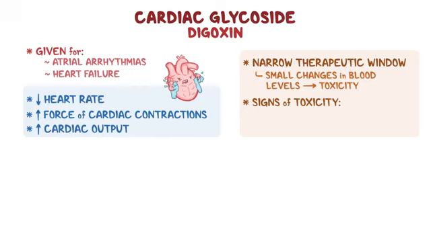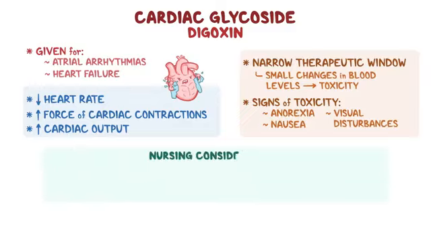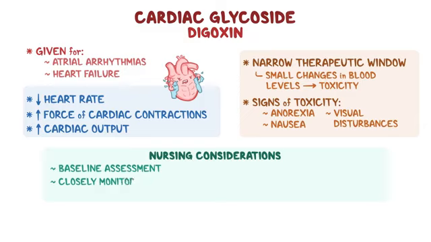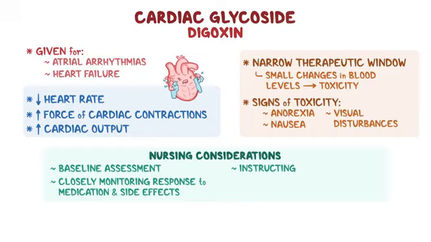Signs of toxicity include anorexia, nausea, and visual disturbances. When caring for a client receiving digoxin therapy, nursing considerations include performing a baseline assessment, closely monitoring the client's response to the medication and for possible side effects, as well as instructing the client how to safely take the medication and recognize the signs of toxicity.